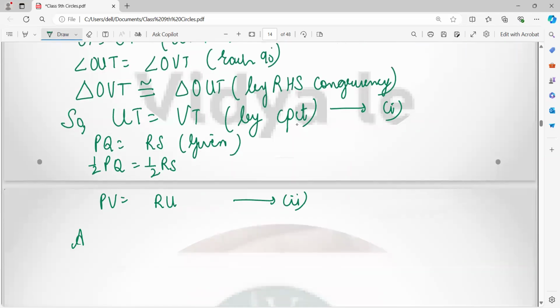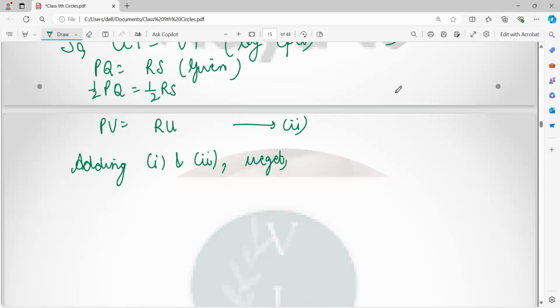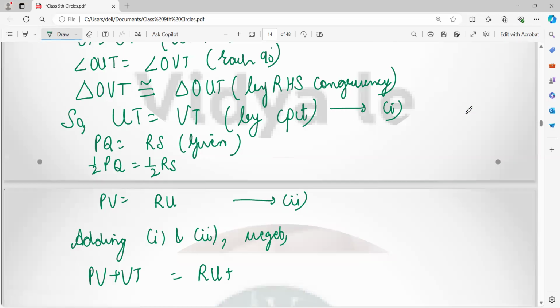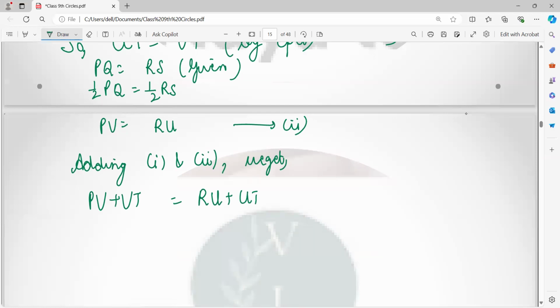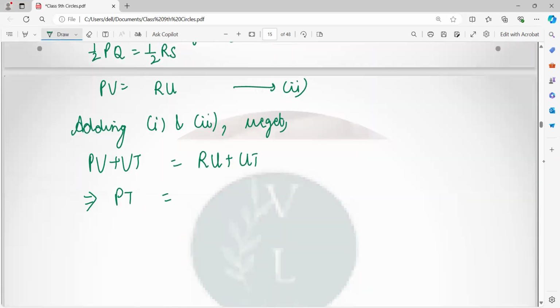So adding 1 and 2, we get PV plus VT is equal to RU plus UT, right? Now PV plus VT is PT, equal to RT. So this is one segment that we needed to prove.